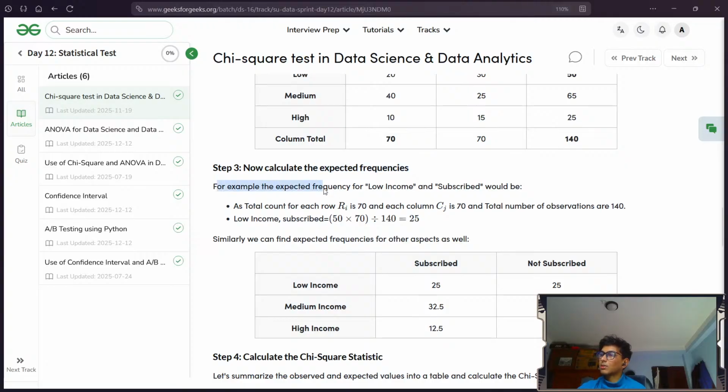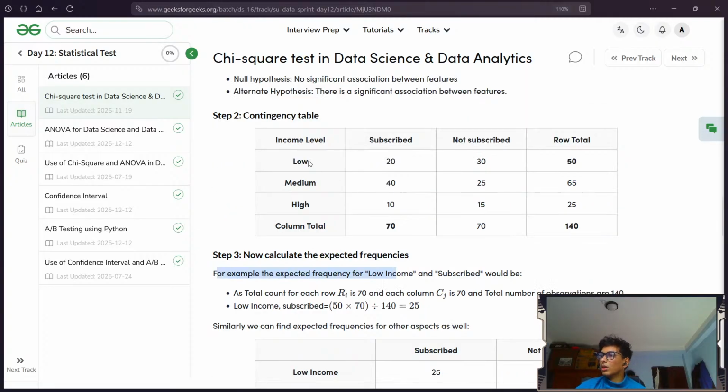For example, the expected frequency for low income and subscribed: the total count for each column is 70, each row is 50 and 70, and the total number of observations is 140.